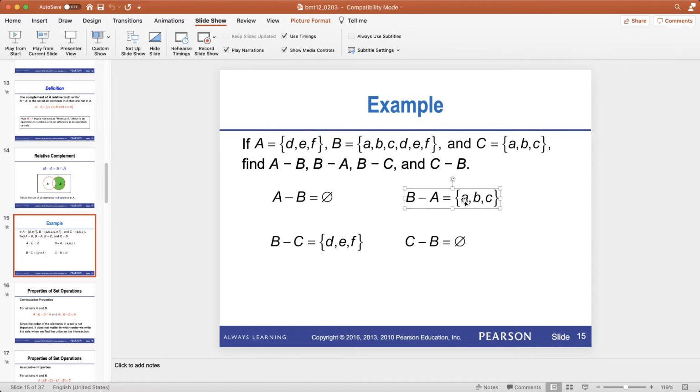Well, those first three, right? A, B, C. Here, what is in B but not in C? Since this is A, B, C, D, E, F, it's D, E, F that is not in C. So that's what your answer would be. And then if you do vice versa, C minus B, what's in C but not in B? Well, nothing. It's the empty set.